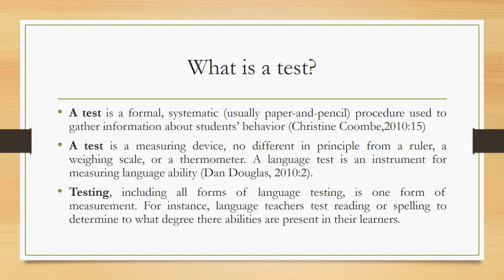So you see here, it is formal, it is systematic, and also Christine Coombe mentions that it can be of different forms. But she says that mostly, or usually, it has a written form.